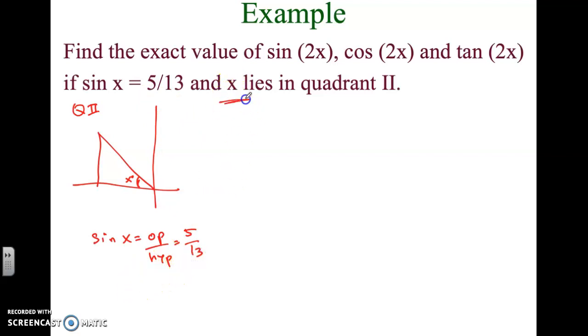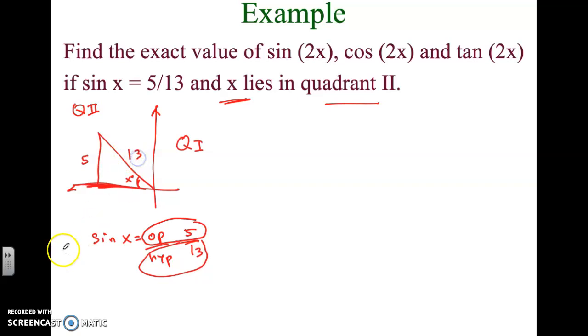They said my angle lies in Q2, to the left. This is Q1, so this is Q2, and the reference angle is with the x-axis. Sine of x is opposite over hypotenuse, and the opposite to the x is this. Opposite is 5, hypotenuse is 13.